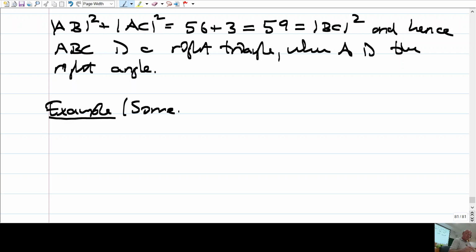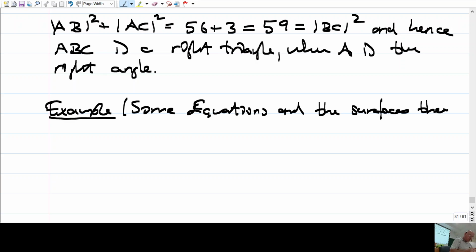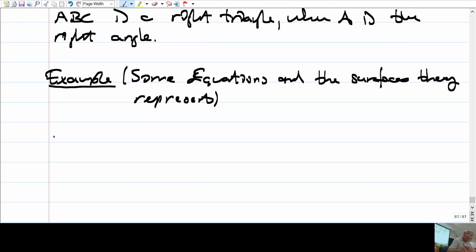Some equations and the surfaces they represent. We will do some examples.